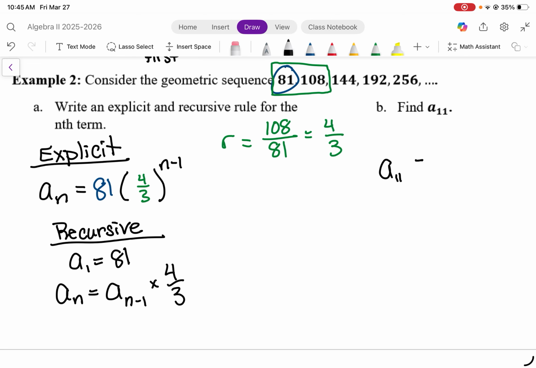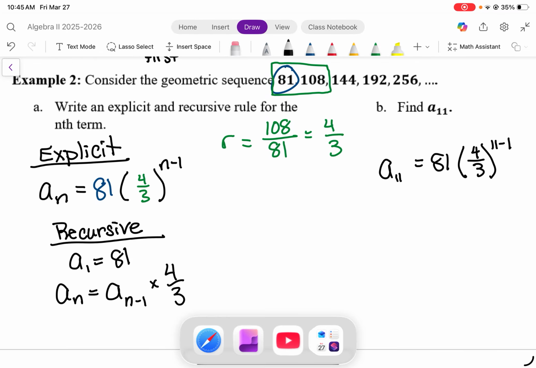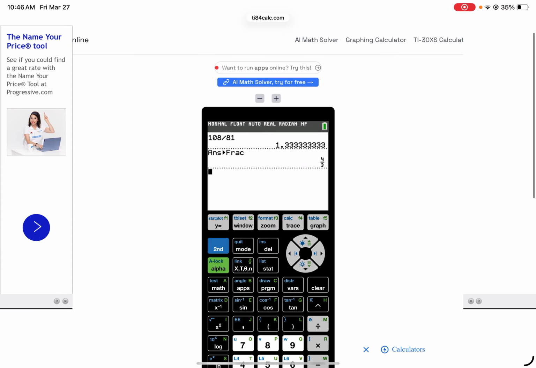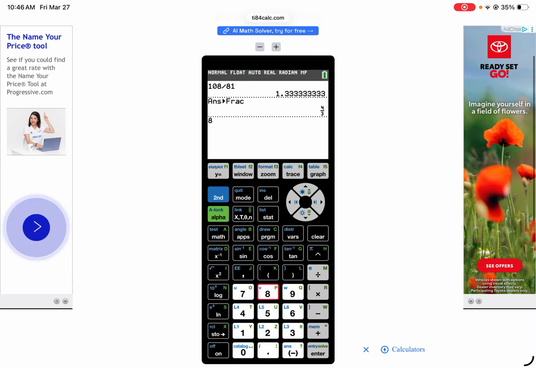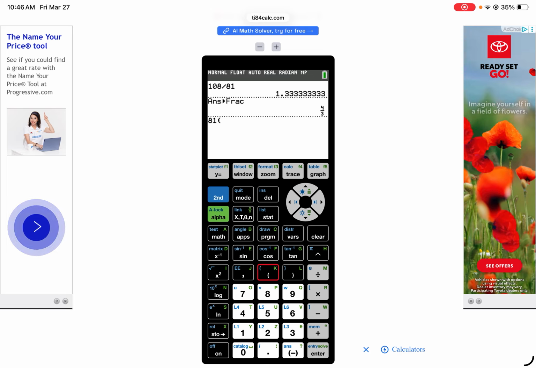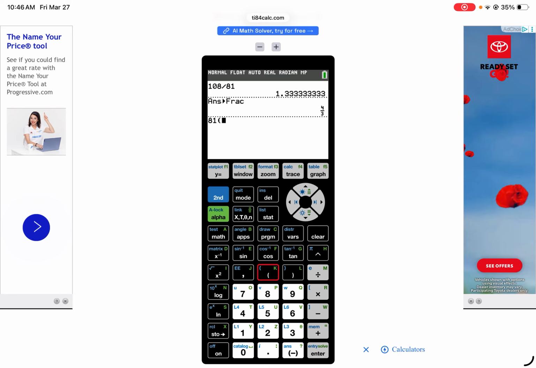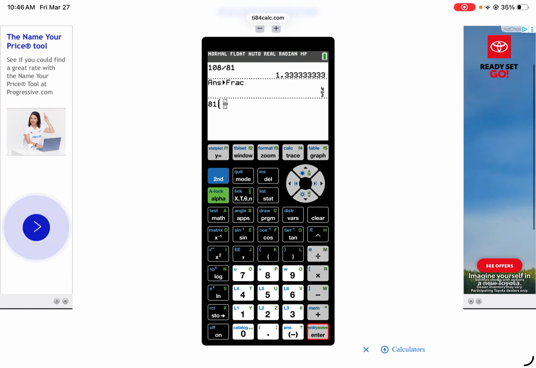So I'm going to plug it into my explicit rule because that one is going to be the fastest way to find the 11th term. And this is what you can type into your calculator. When you type it in, make sure the 11 minus 1 is all in the exponent, or simplify it to the 10. So I'm going to type in 81 parenthesis, and you can use the fraction button, or you can do 4 divided by 3.